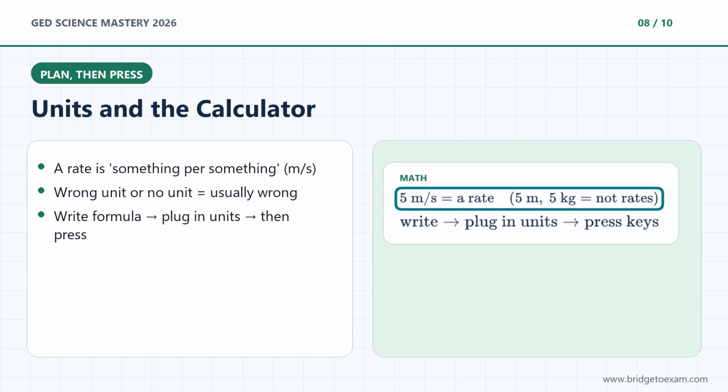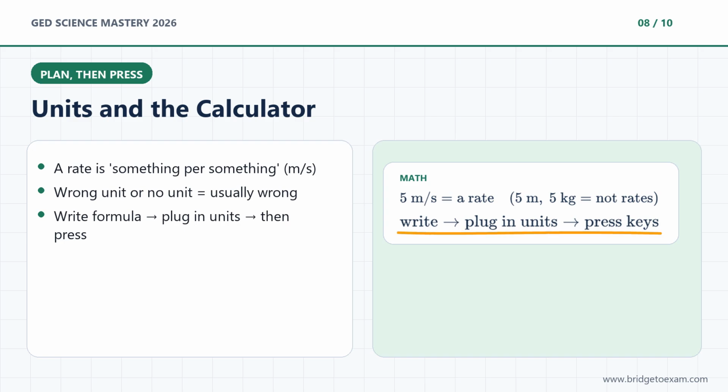Only meters per second is a rate because it is one quantity per another. Second, the calculator. Do not just start punching buttons. Write the formula, plug in the numbers with their units, and only then press the keys. Planning first prevents almost every silly mistake.